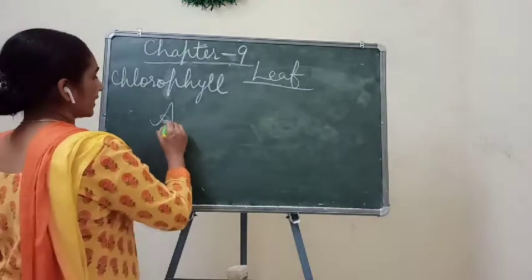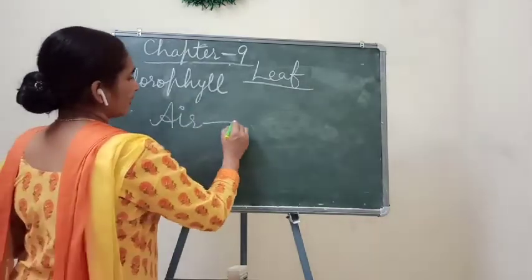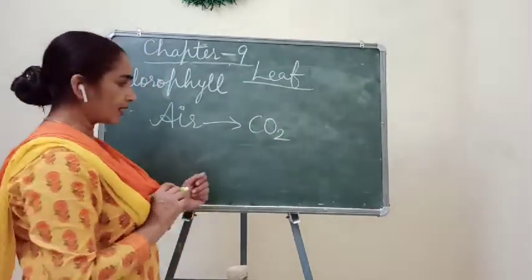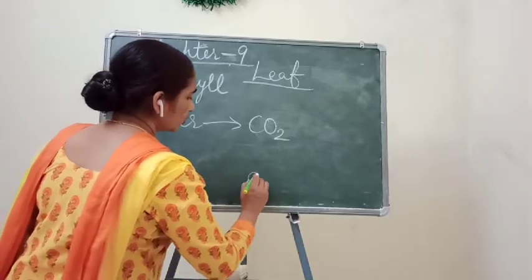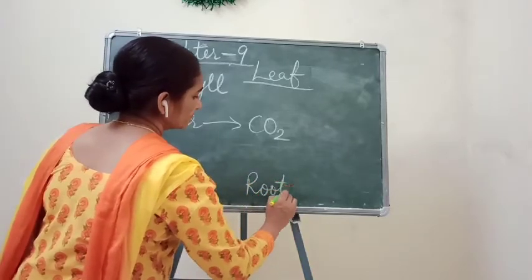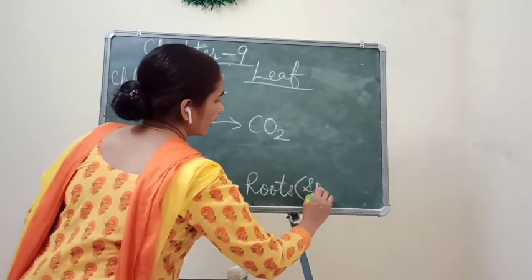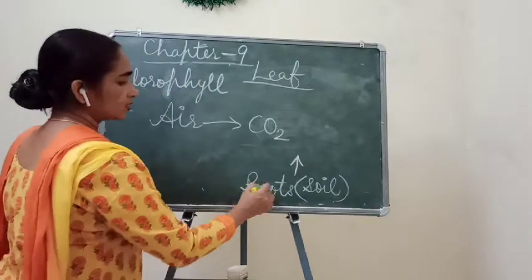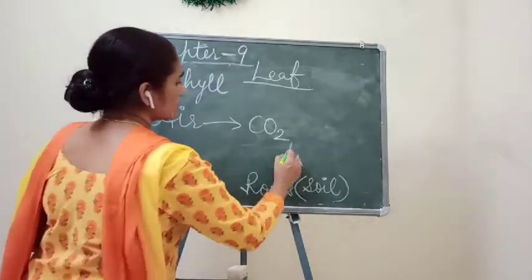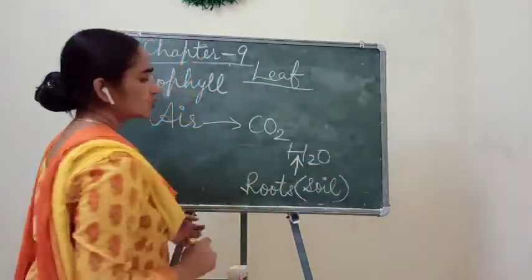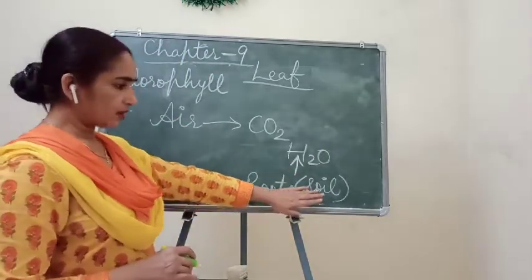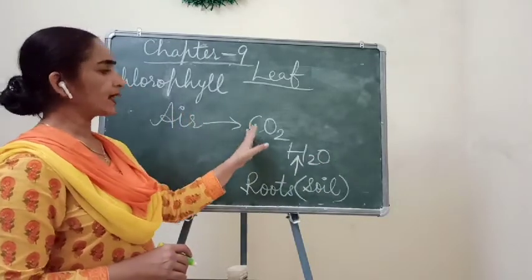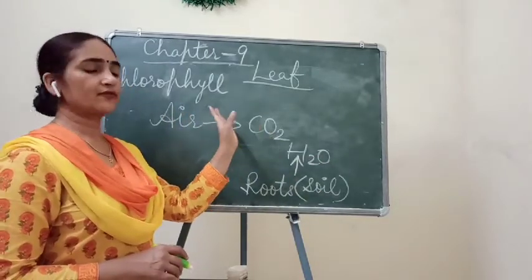Means from the air they get carbon dioxide, CO2 is carbon dioxide, and from the soil they absorb water through their roots. So water is H2O. From the soil they absorb water and minerals.